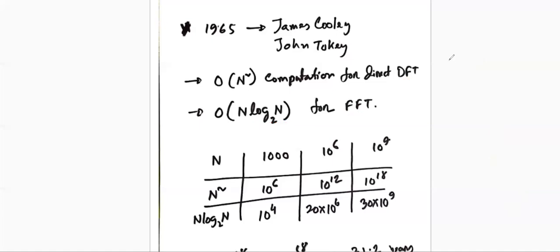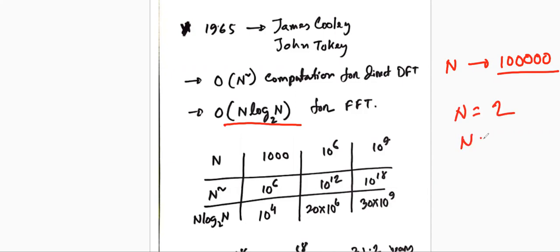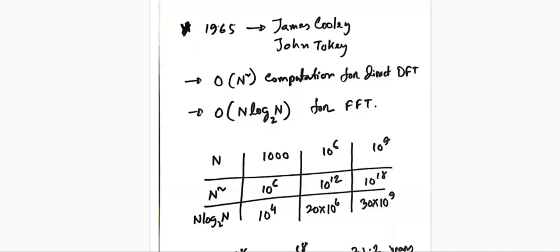So whenever this N is very high, let's say 1000 or 10,000 or more samples, then this is very efficient. If you compare N equals 2 or N equals 4, then it looks like, okay, it is not a very efficient algorithm. But whenever N is, say, 2 to the power 10 or 10 to the power 5, in that case, it is a very efficient algorithm.